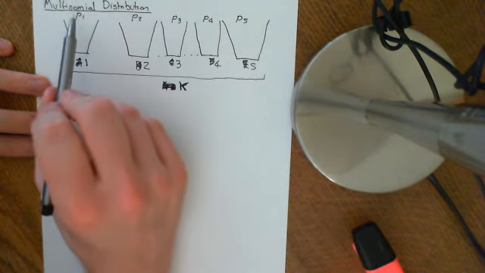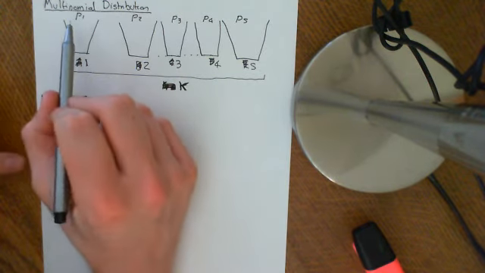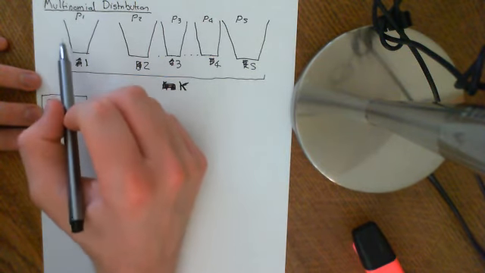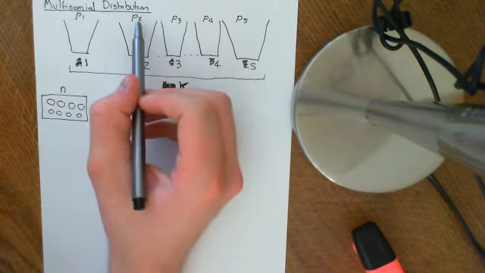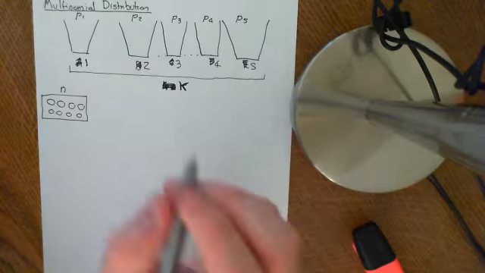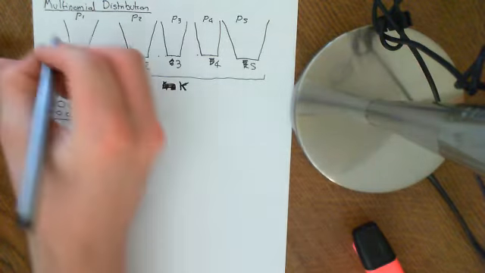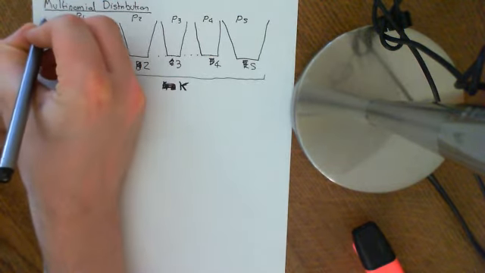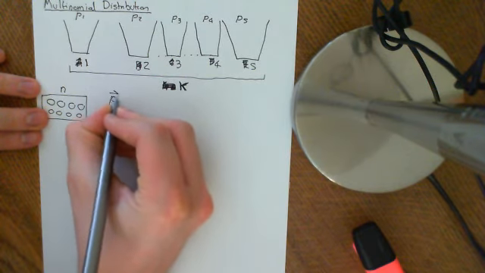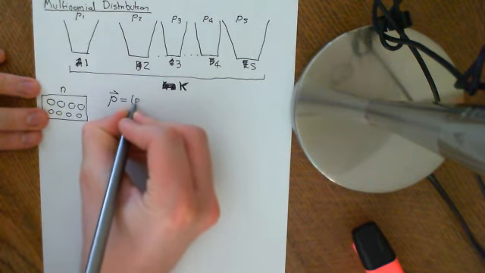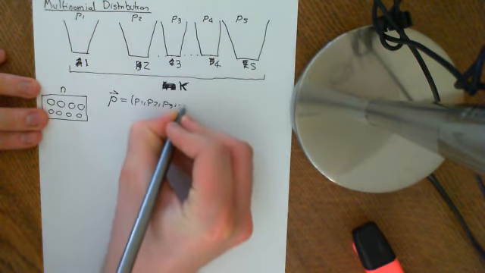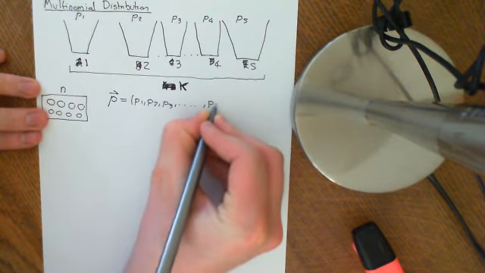P1 is the probability that in any given trial, if I throw this ball, I will throw it into basket 1. P2 is the same thing for basket 2, etc. So we effectively have this probability vector, as it's called, the vector P1, P2, P3, and in generality, all the way down to Pk.